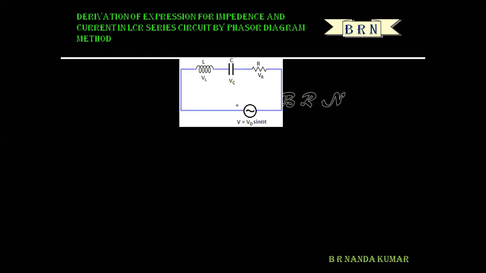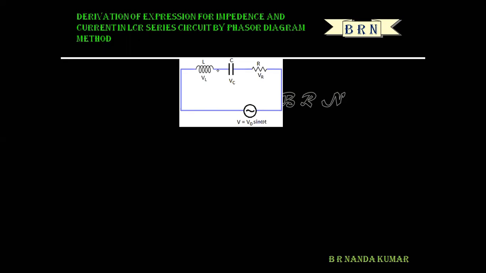AC voltage, that is V is equal to V naught sine omega t, is applied to a circuit containing inductor, capacitor, resistor, those are connected in series. Okay. So this is series LCR circuit.